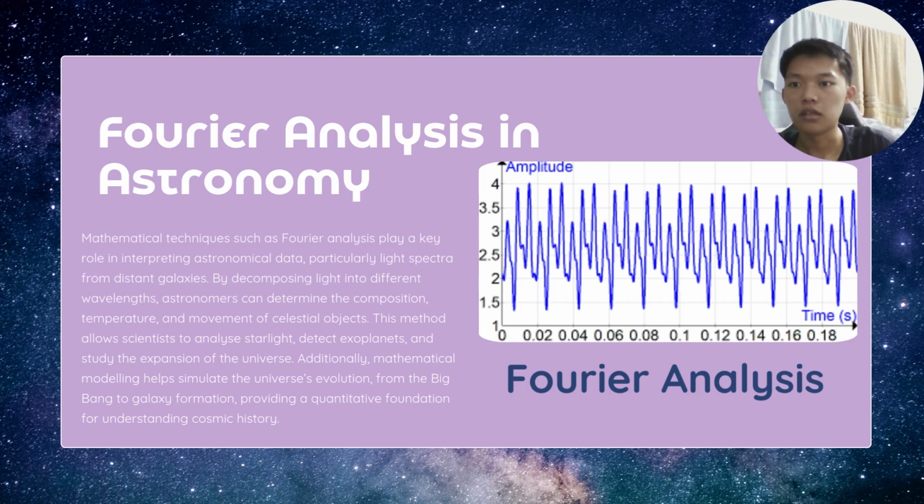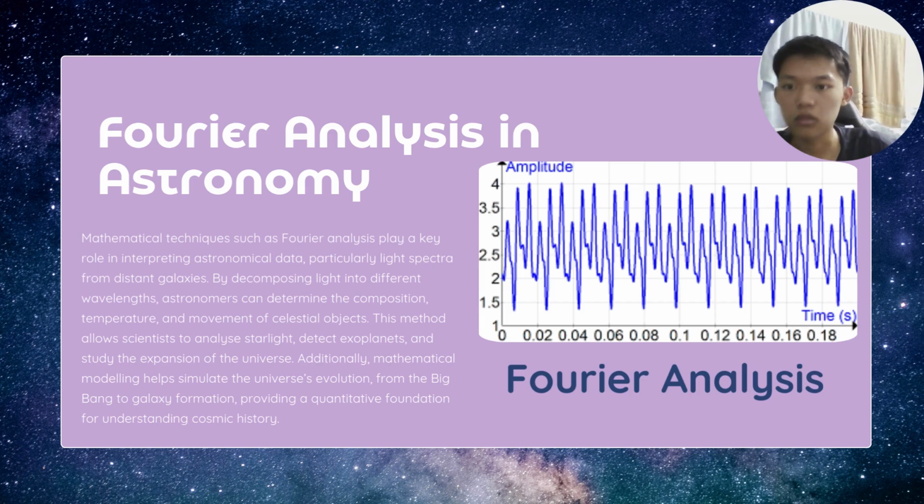Fourier analysis is a fundamental mathematical tool in astronomy, enabling scientists to decompose complex astronomical signals into their constituent frequencies. This technique is particularly crucial for analyzing the light spectra from distant galaxies, allowing astronomers to determine the chemical composition, temperature, and motion of celestial objects through spectroscopy.